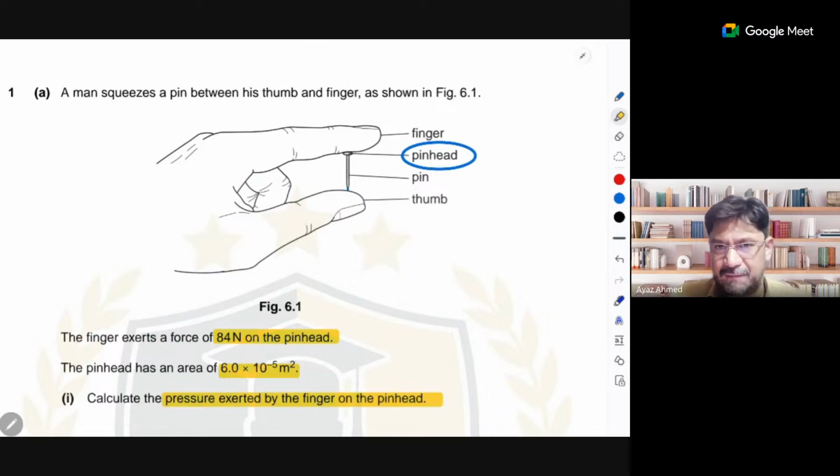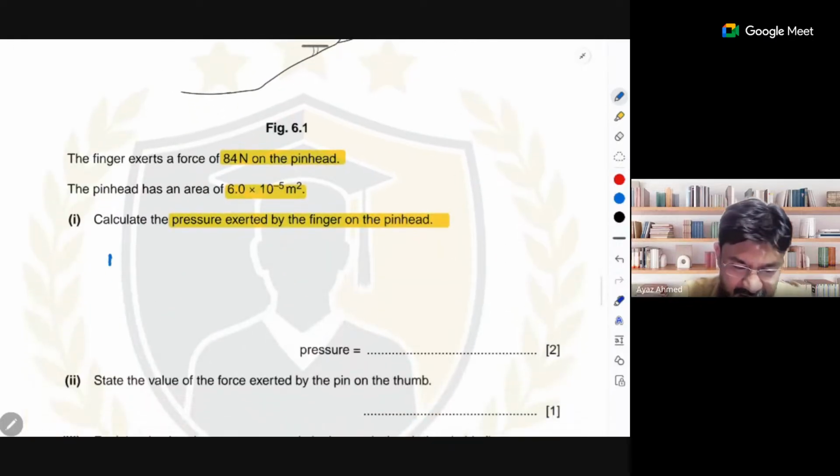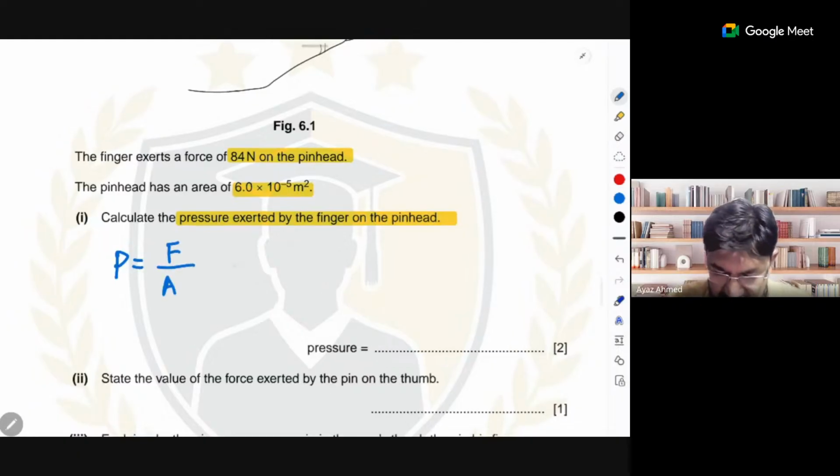So what will be the pressure on the thumb pin? Pressure is equal to force upon area, which means 84 Newton divided by an area of 6.0 into 10 raised to the power minus 5.